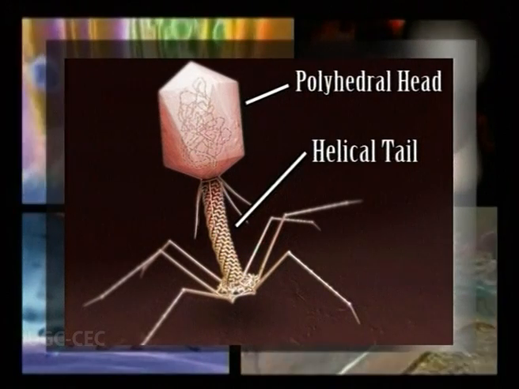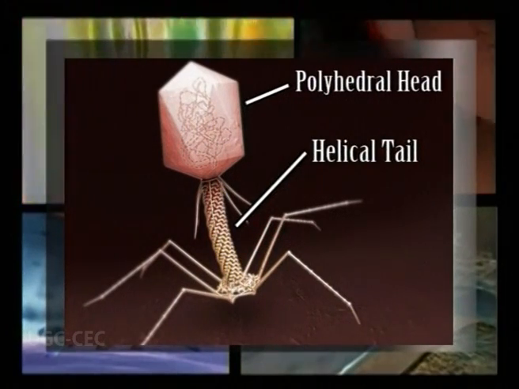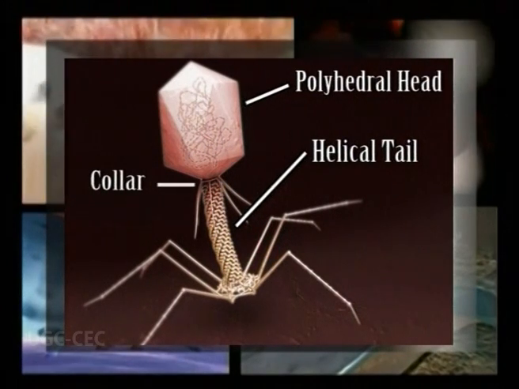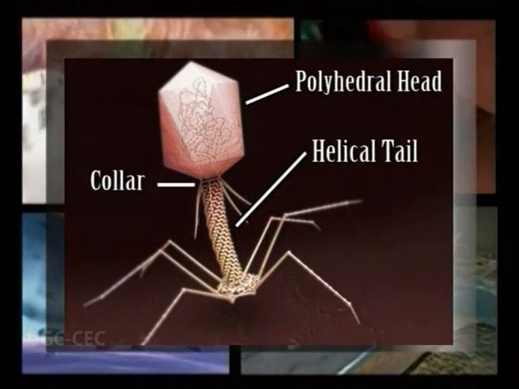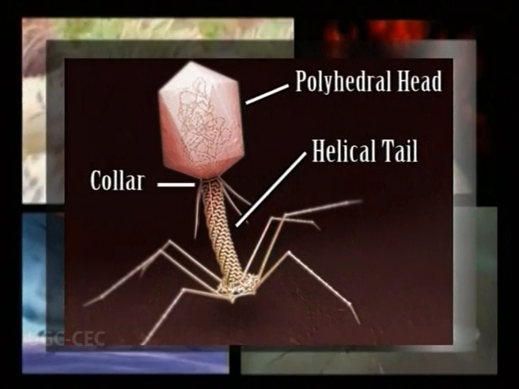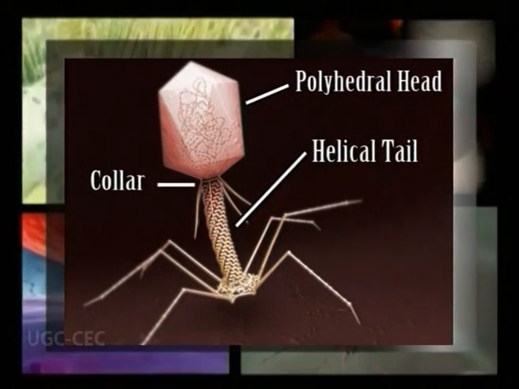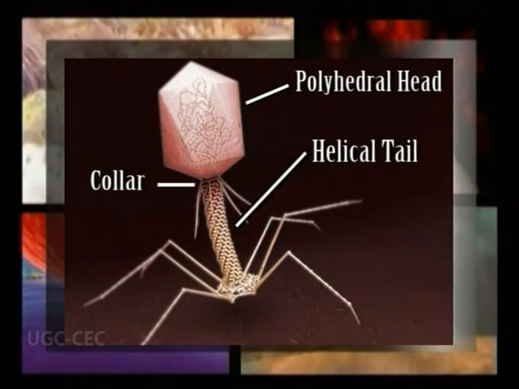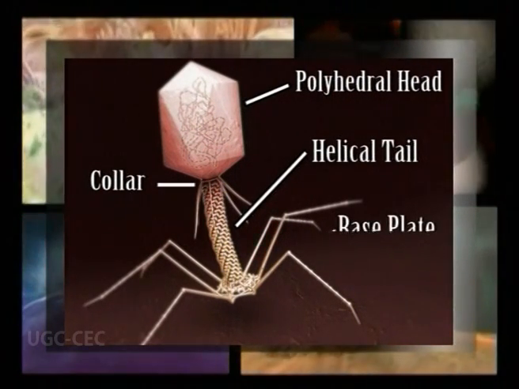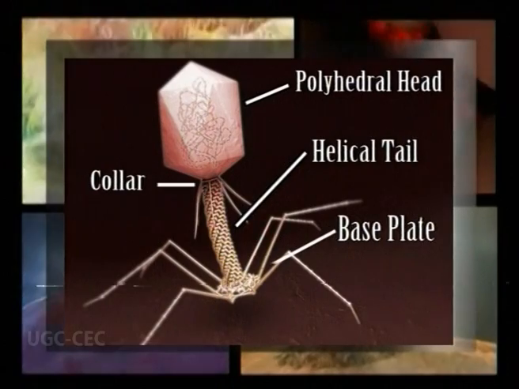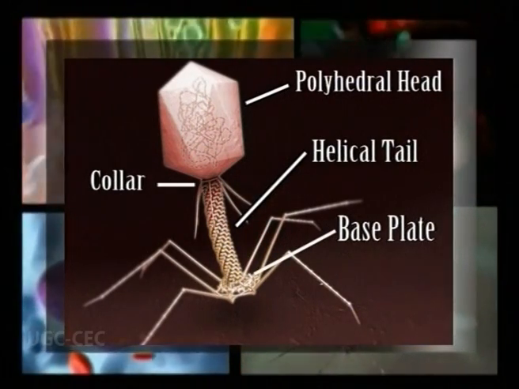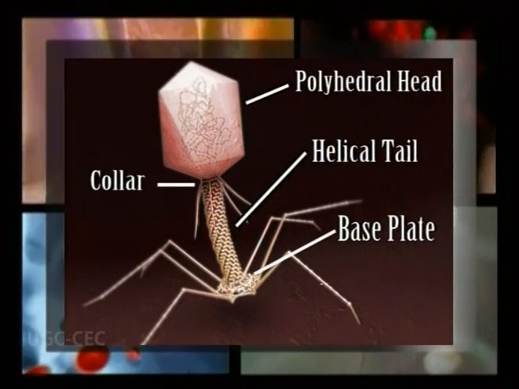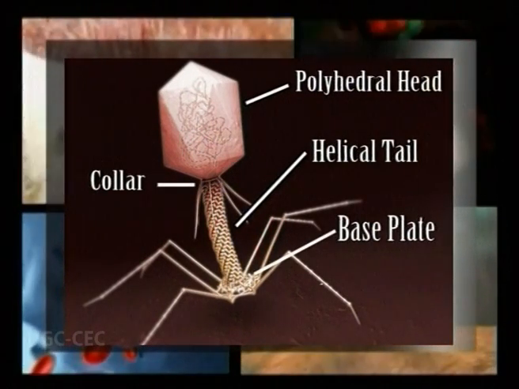The tail has helical symmetry. It is attached to the head by means of a collar or neck piece. It has a central hollow tube, a sheath surrounding the tube, and a complex base plate. The sheath is made up of 144 protein subunits arranged in 24 rings, and each ring is made of 6 protein subunits.